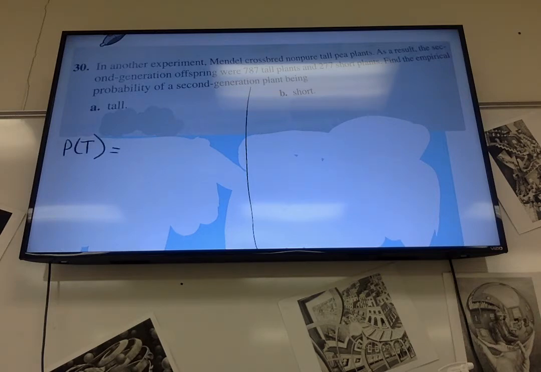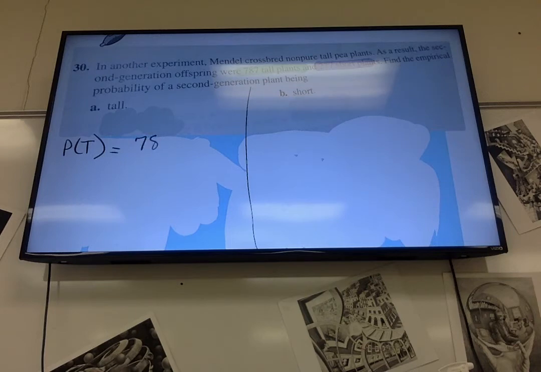So, out of this list, how many were tall? 787. Yeah, 787 tall plants. And then short ones were 277. So, probability of tall, what should go on top? The number of tall plants.